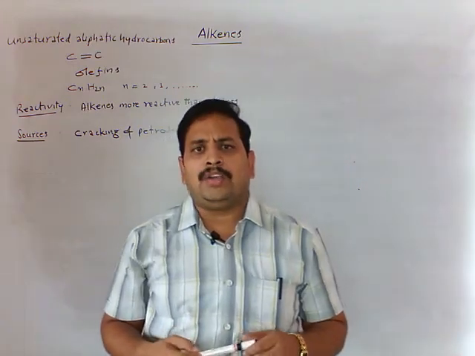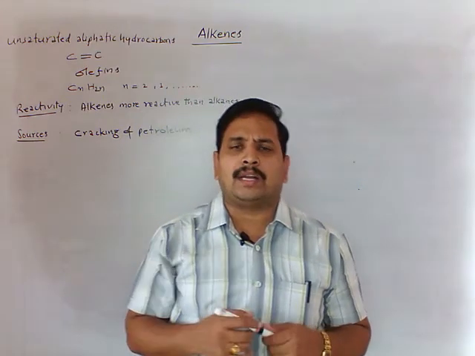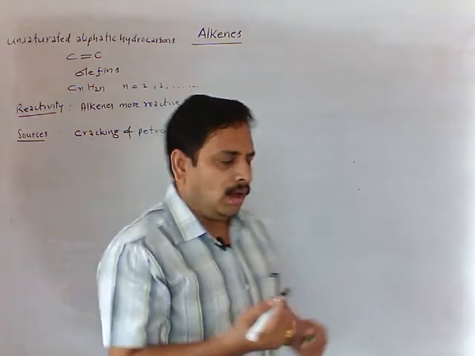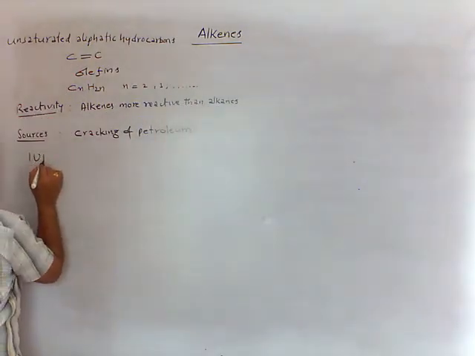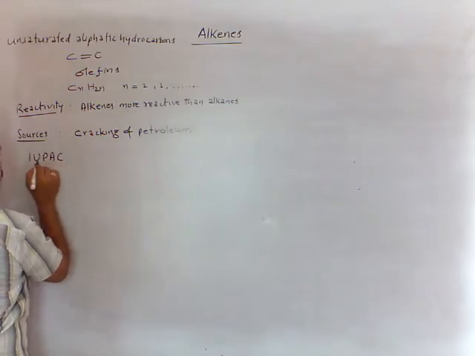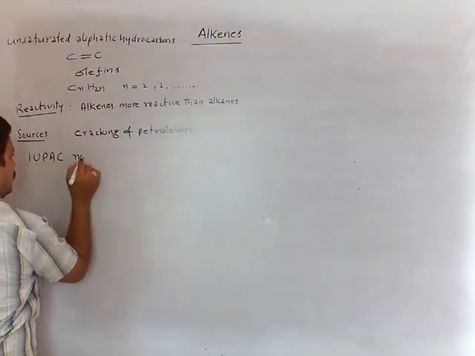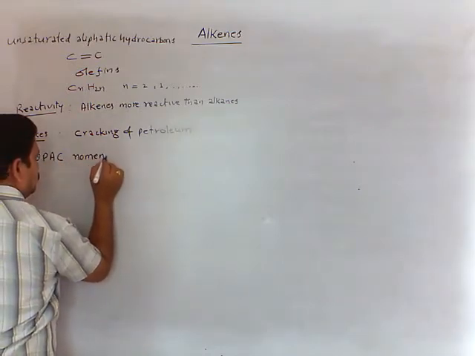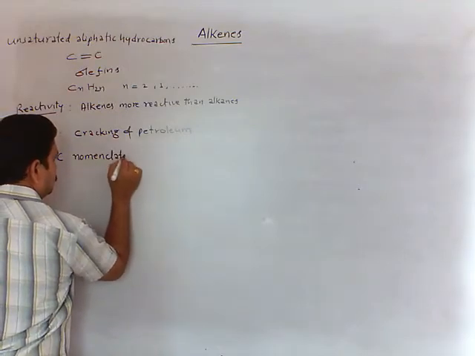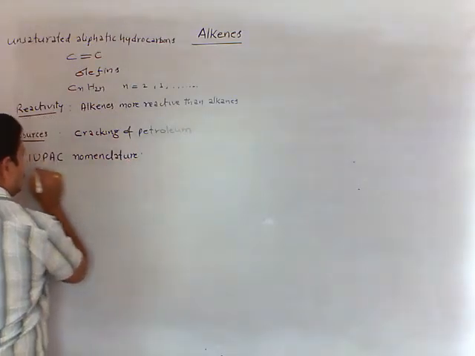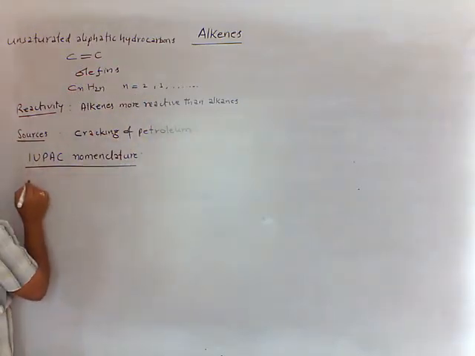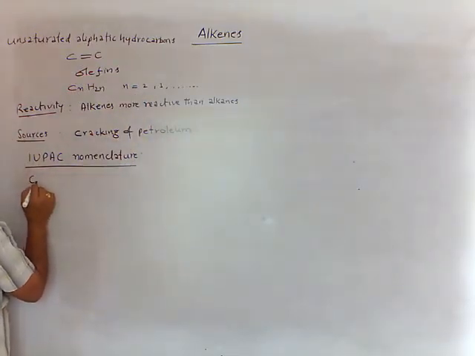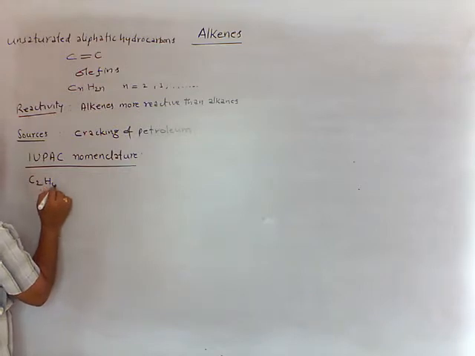Now, IUPAC nomenclature of alkenes. N value I am taking 2. This is C2H4.